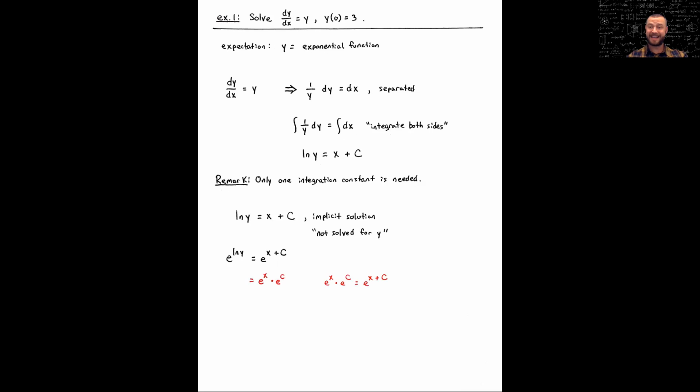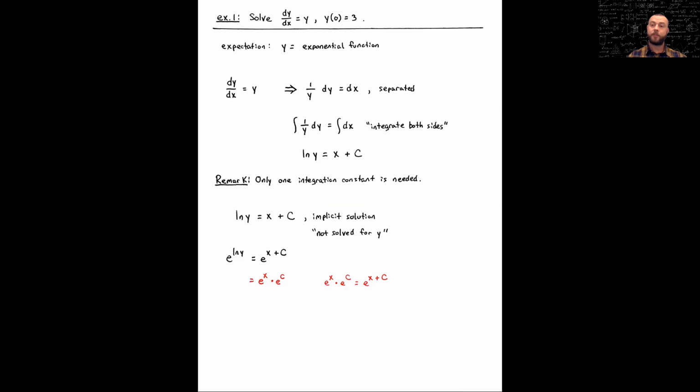So instead of adding in the exponent, we can multiply the bases. Just make sure you're comfortable with that. We're using this exponent rule in reverse from what you might be used to. So just check: e to the x times e to the c, same base, so you can add the exponents to get e to the x plus c.